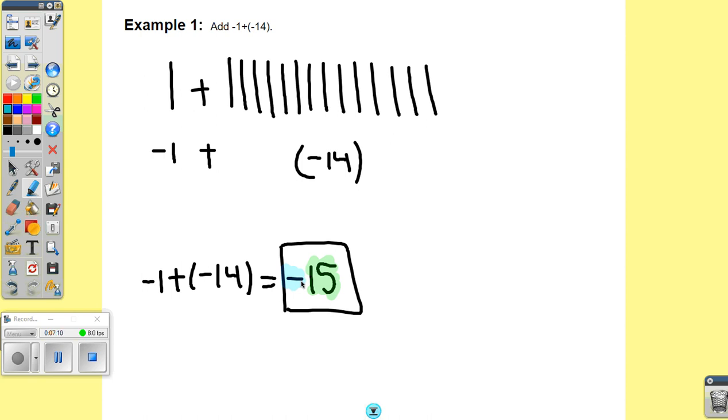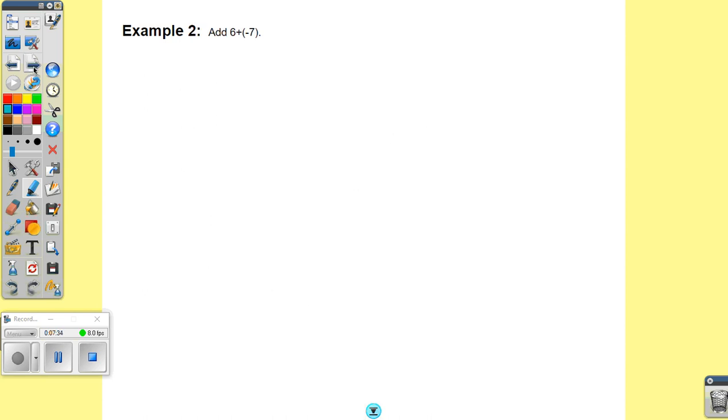So that's the first example. If you would like more explanation, you certainly can pause the video, rewatch, or feel free to ask your teacher. I'm constantly circulating and trying to help people where they get stuck. So let's move on to example 2 if we're ready.